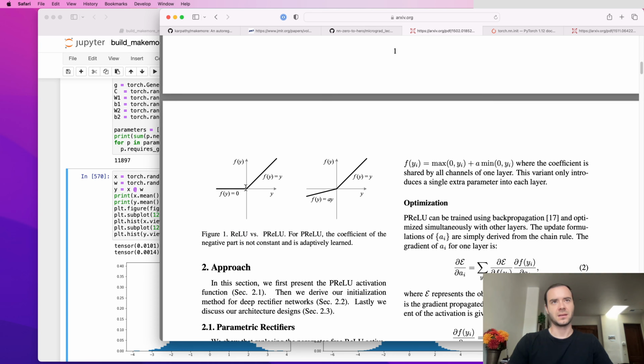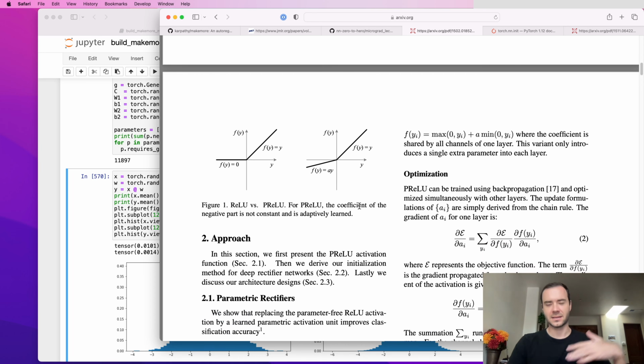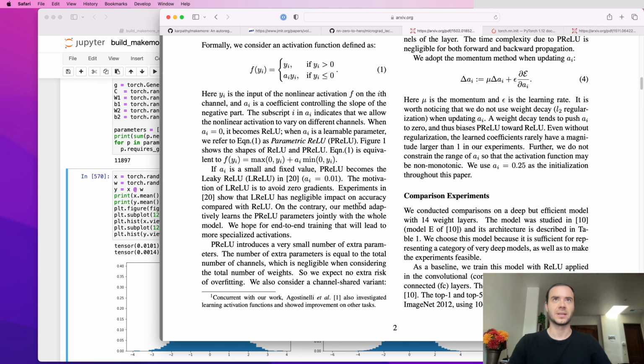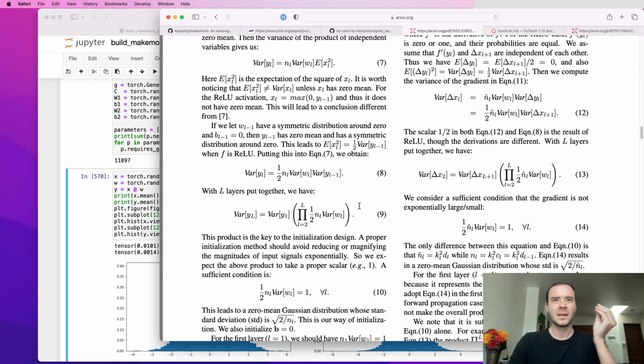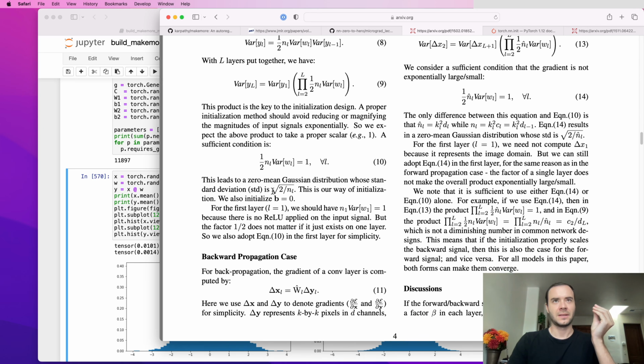And because you are basically throwing away half of the distribution, they find in their analysis of the forward activations in the neural net that you have to compensate for that with a gain. So when they initialize their weights, they have to do it with a zero mean Gaussian whose standard deviation is square root of 2 over the fan-in.